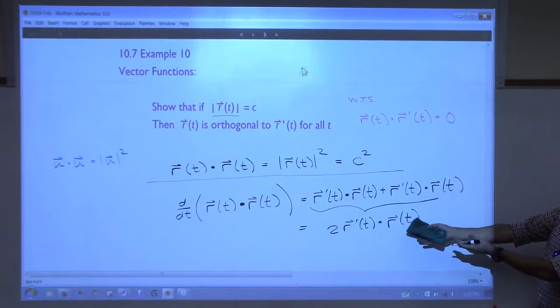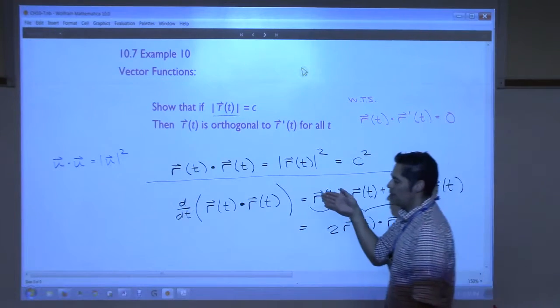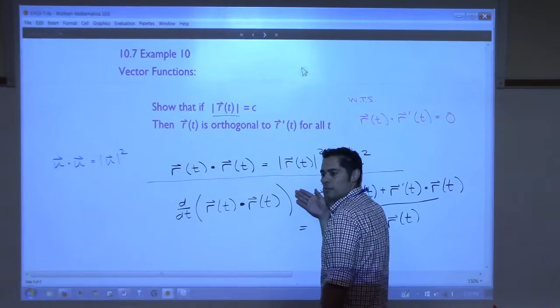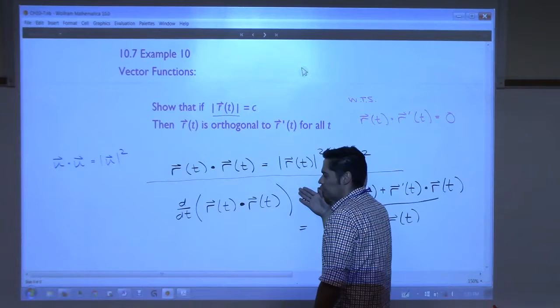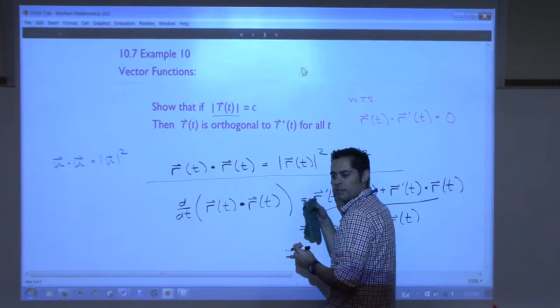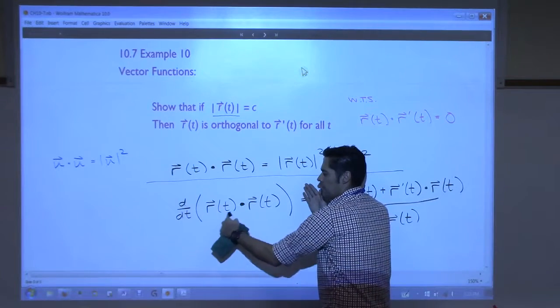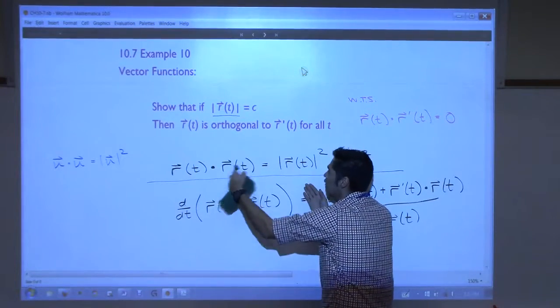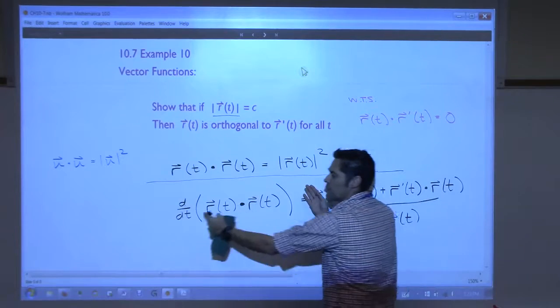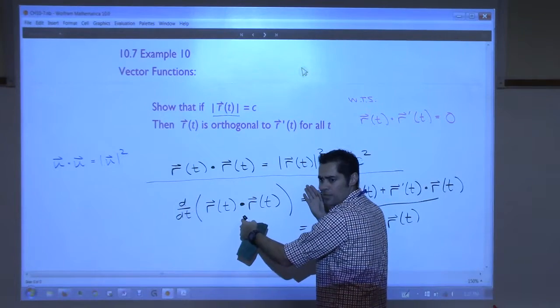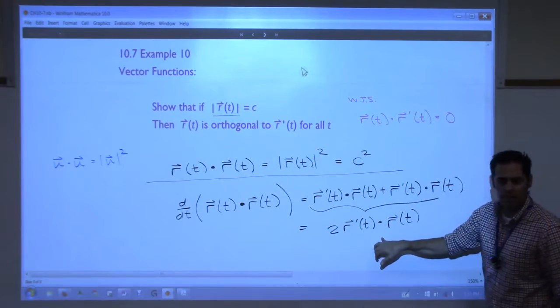Yes? Okay. But can anyone tell me what this should be? 0. Why? Because the vector function dotted with itself, this dotted with this, is what? A constant squared. What's the derivative of any constant squared? 0. So this has to be 0, doesn't it?